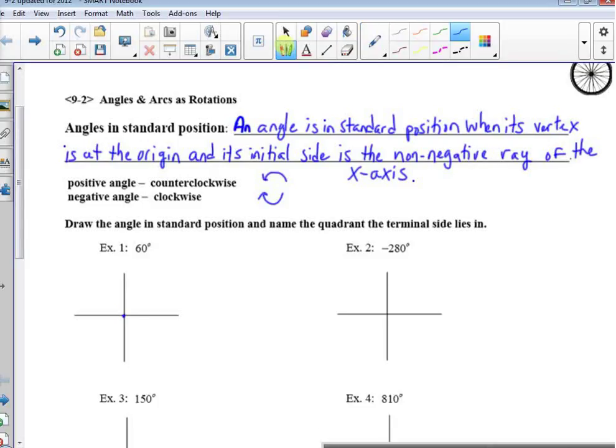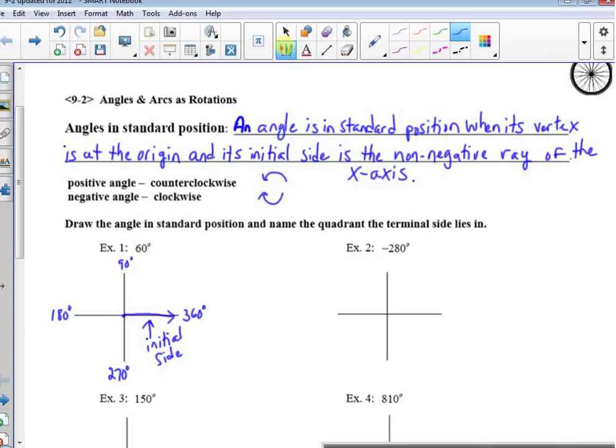The initial side is right there, and that's going to be the initial side of an angle in standard form for any of these. You have to remember, this is 90 up here, this is 180, this is 270, and then we're back to 360.